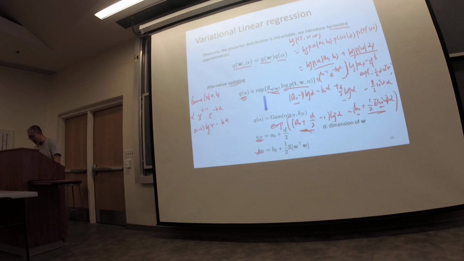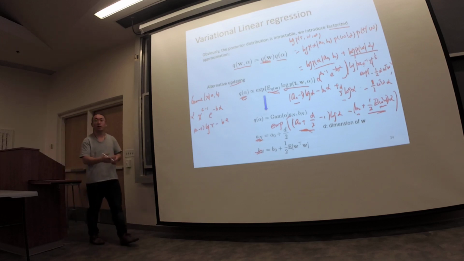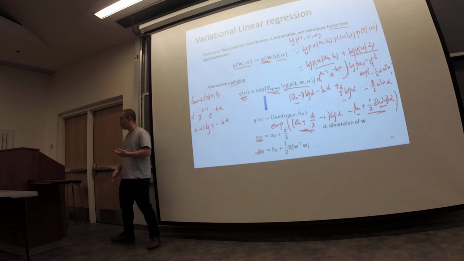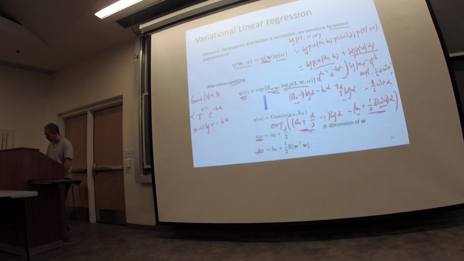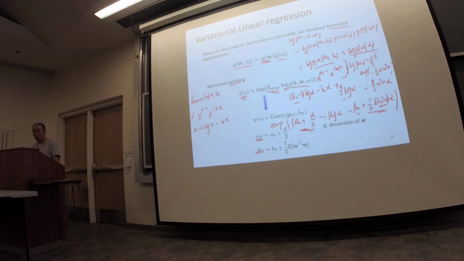And the expectation term, the expectation of W transpose W, is easy to compute from the Gaussian distribution Q of W, because once you have Q of W in hand, you can immediately compute the expectation. So this is how we update Q of alpha given Q of W fixed.